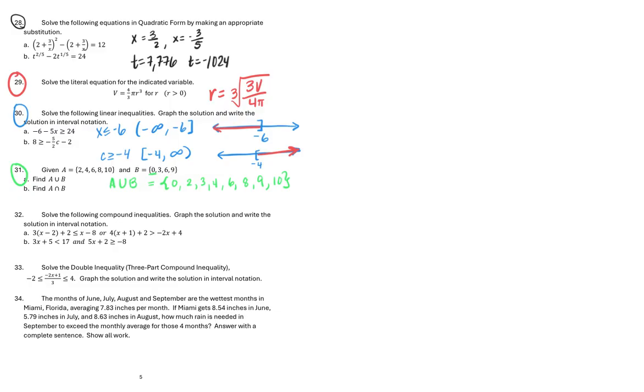We have 0 from the B, 2 from the A, 3 from the B, 4 from the A, 6 from the A and B. You can't double count them, so you'll have only one 6. And then you have 8 from here, the 9 from here, and the 10 from here.